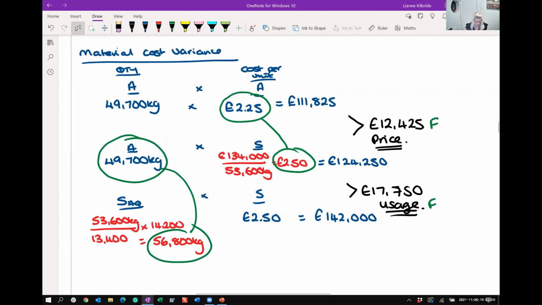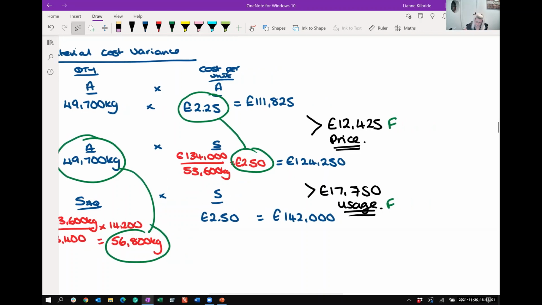So the overall materials cost variance is where you add the two variances up together. So adding the 12 and the 17,000, that gives us a total of 30,125 favourable, and that is the overall material cost variance.